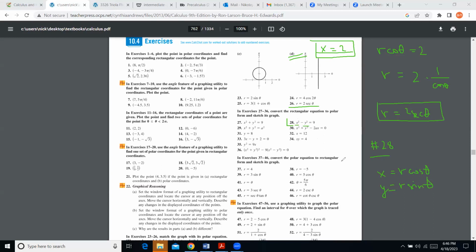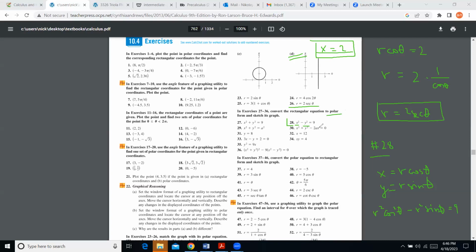So x squared minus y squared will be r squared cosine squared minus r squared sine squared, right? So that's our left side. And on the right side, it's equal to 9. And that's it. So you have the equation in polar coordinates. That's what they wanted converted.